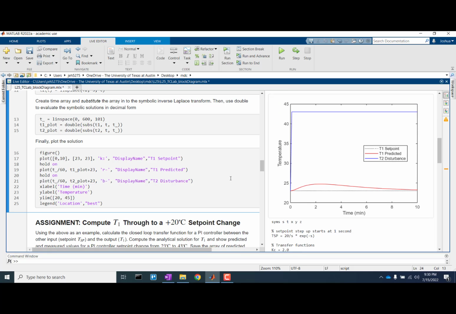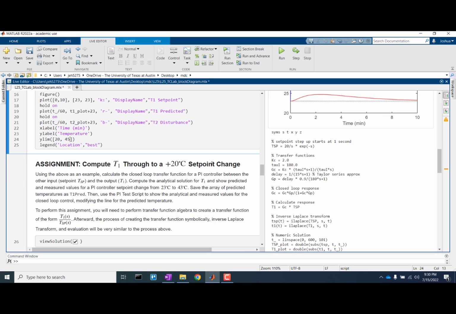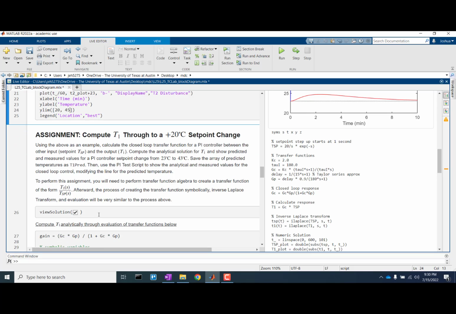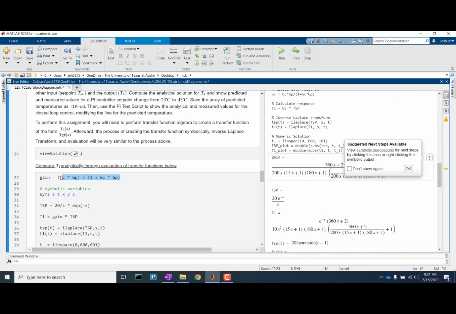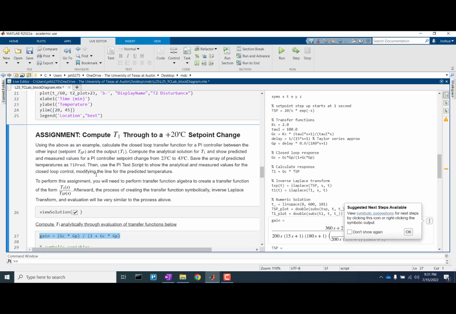Now we're going to discuss our assignment. We'll just go ahead and do that similarly, where I'll have the solution off to the right-hand side as well as the code already written, and let's just discuss it. So we have our gain. We've calculated our gain before. Actually, let's discuss this.